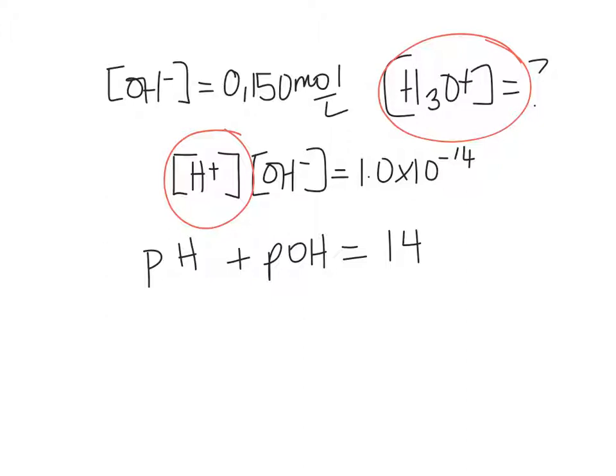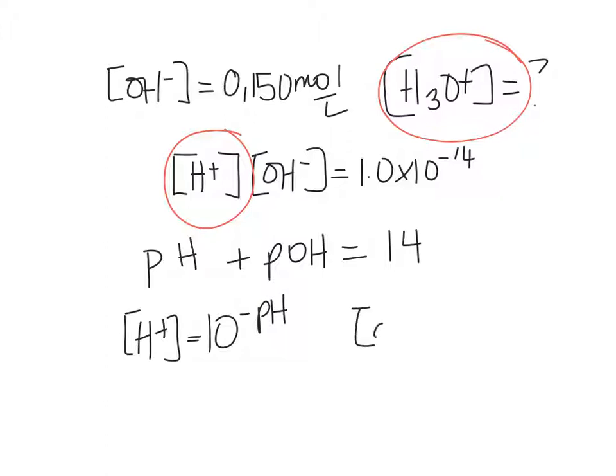So if you're given a pOH and they say find the H plus, then you're going to plug this value in, find your pH, and then your H plus would be 10 to the negative pH. So H plus is equal to 10 to the negative pH.